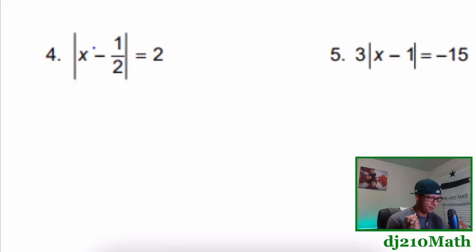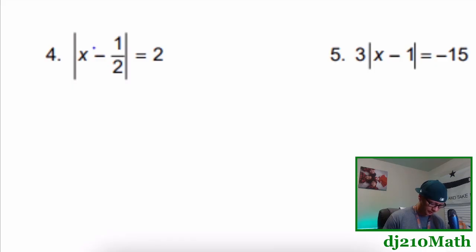All right, number 4. Absolute value of x minus 1/2 is equal to 2. The absolute value is by itself, and 2 is positive, so we're good to split this into 2. Drop the absolute value bars and split into 2.